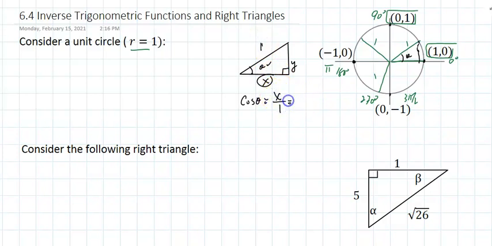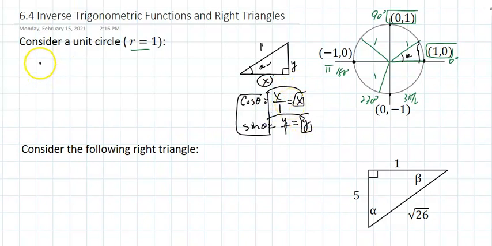In this case, since r is 1, that's simply x. And the sine of theta is the opposite over the hypotenuse, which is y. So here, we're literally eliminating the point xy and replacing that by cosine of theta and sine of theta. So the x value is the cosine, and the sine value is the y.